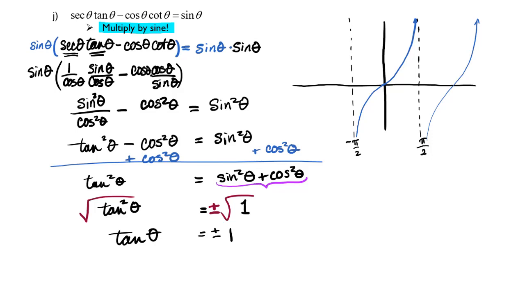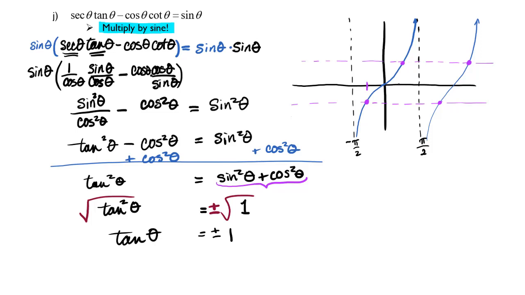The question is, where does the tangent curve hit 1 and negative 1? And so that's where we have to think about this repetition of the tangent function.